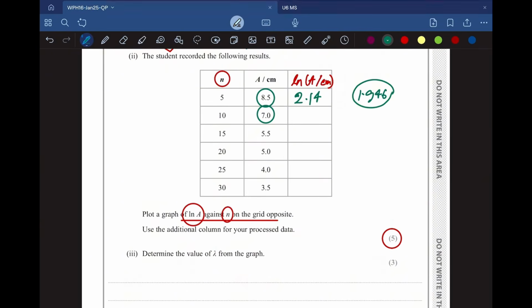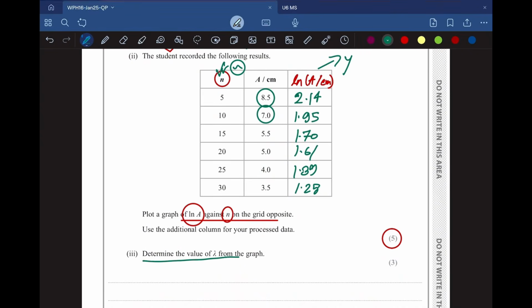To write this in 3 significant figures, I will write it down as 1.95, because all the values need to be in the same significant figures, and the most preferable one is 3 significant figures or 2 decimal places. So it will be 1.70, it will be 1.61, it will be 1.39, and it will be 1.25. As I have got my ln A values and my n values as well, now let's draw the graph right there. This is going to be my y-axis, and this is going to be my x-axis.